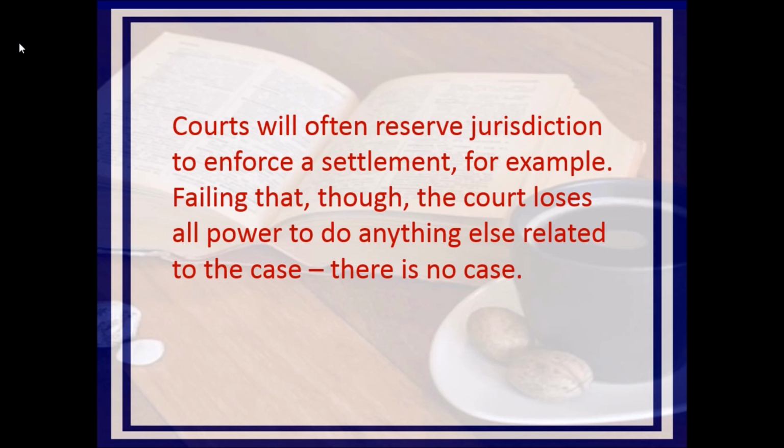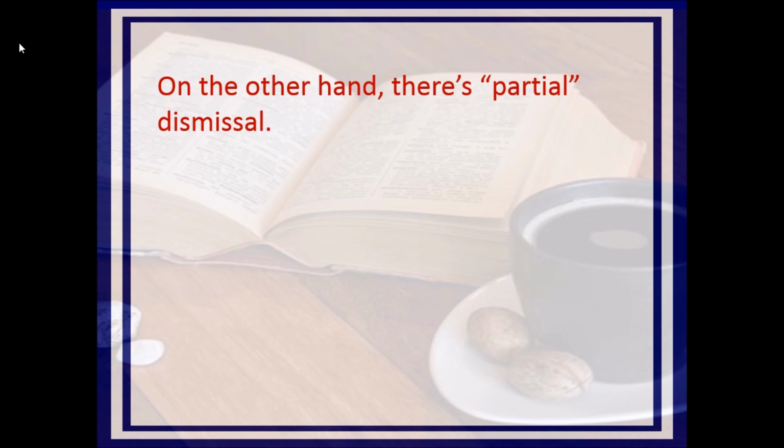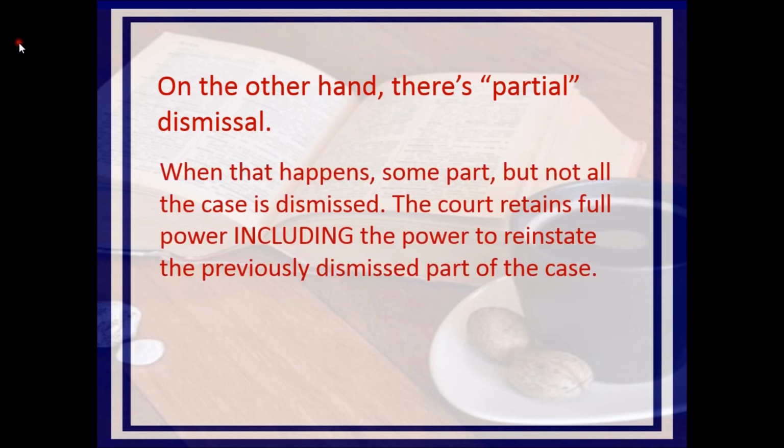Failing that, though, the court loses all power to do anything else related to the case. There is no case, no discovery, no subpoenas, no motions to quash, no motions to force anybody to do anything. It's over. And so before the case gets dismissed, you want to make sure that all of your business is concluded.